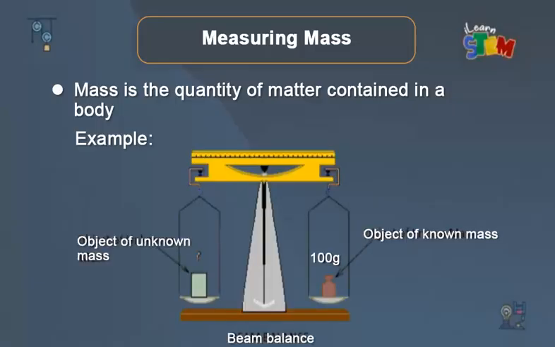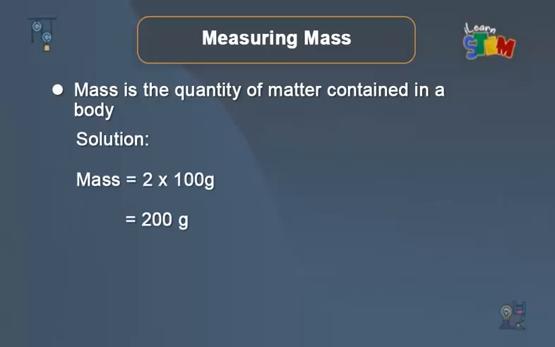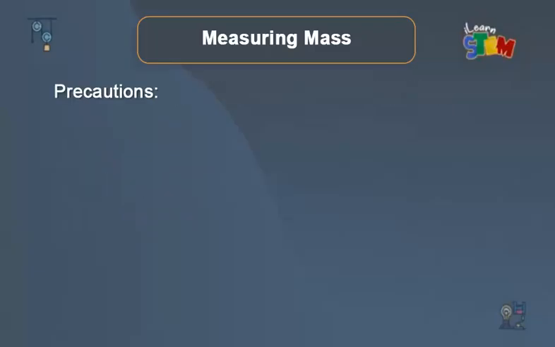Solution: place the object on the left-hand pan. Then, place the standard mass in the right-hand pan. Adjust the beam to reach a balance, and then read the measurement. If the beam is twice the standard mass, then the mass of the object equals 2 times 100 grams, which gives us 200 grams.